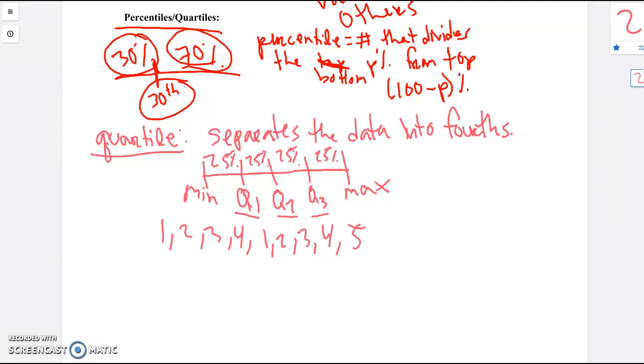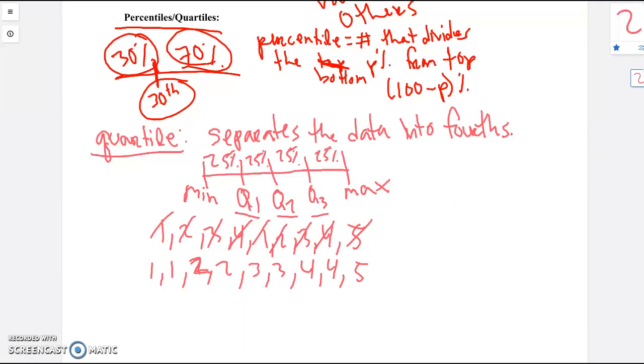So you're going to have two 1s, two 2s, two 3s, two 4s, and one 5. That's what you have. That's the first step: you order them.